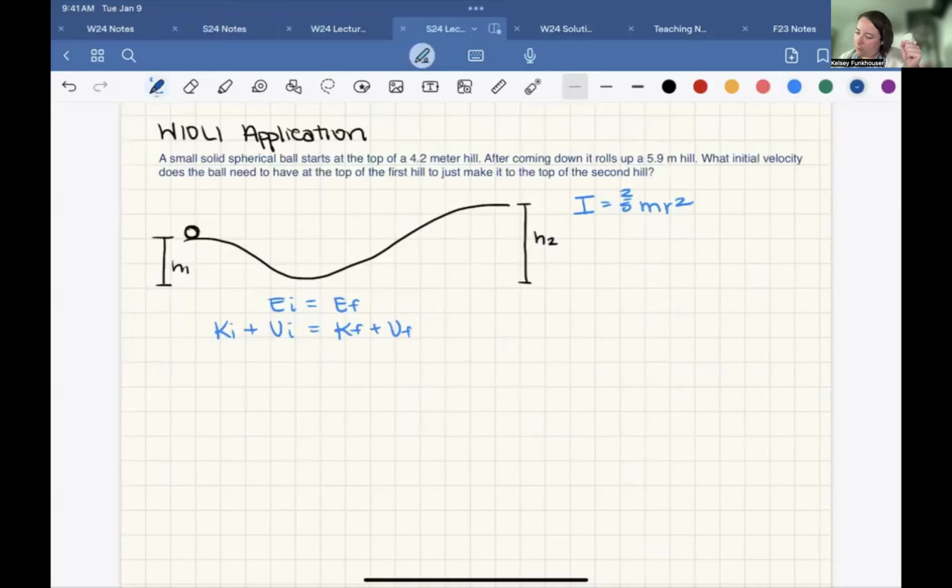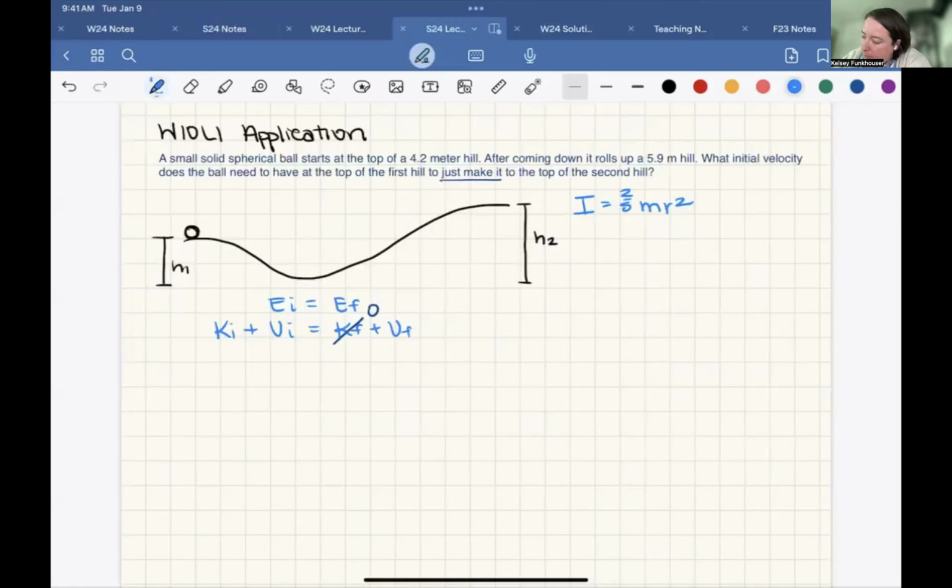But we're looking for the minimum initial velocity here, and we know this because the question asks what initial velocity the ball needs to just make it to the top of the second hill, which tells us that final velocity is 0, so the final kinetic energy is 0.